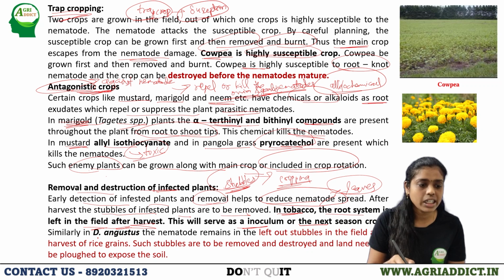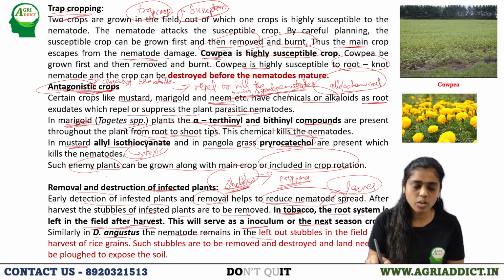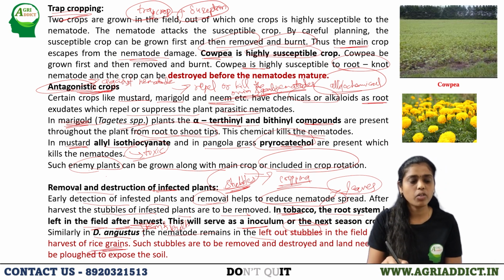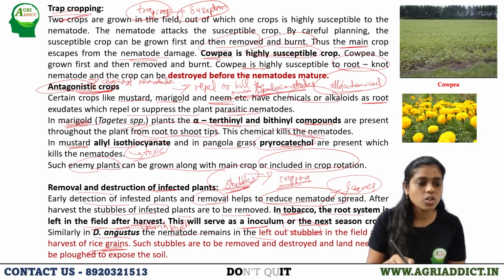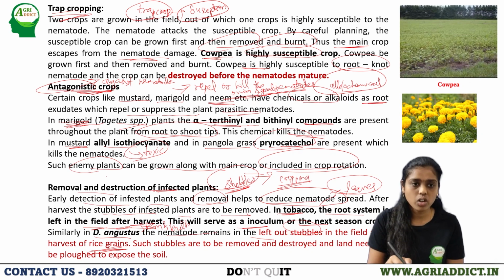Also, in the case of Ditylenchus angustatus, the stem and bulb nematode which infests rice, the nematodes remain in the left out stubbles in the field. It will remain in the stubbles for some period of time in the dormant condition. So while harvesting rice grains, we need to even destroy the stubbles, as they contain nematode juveniles.